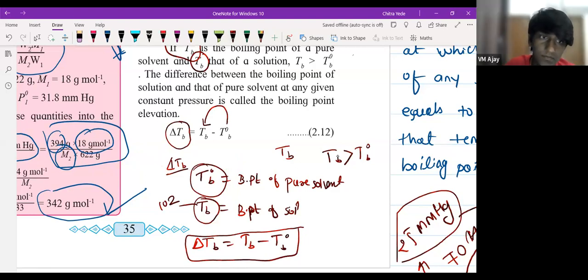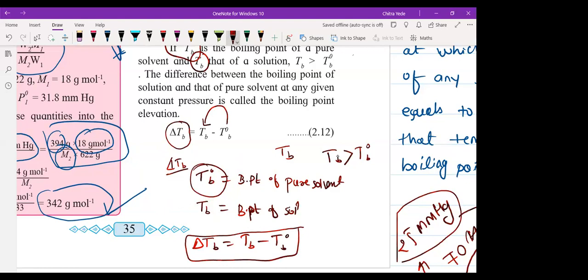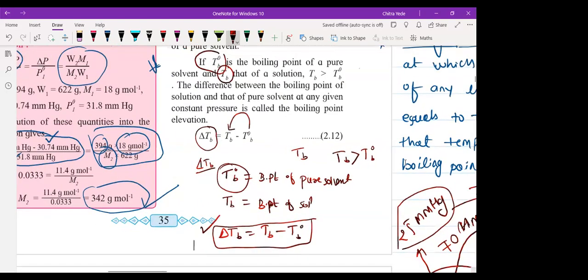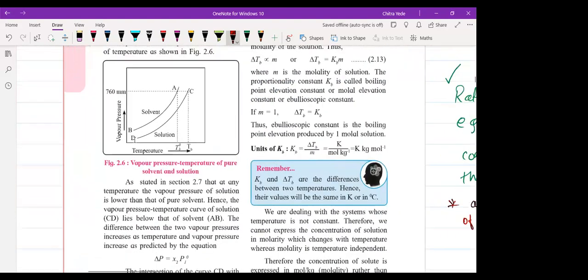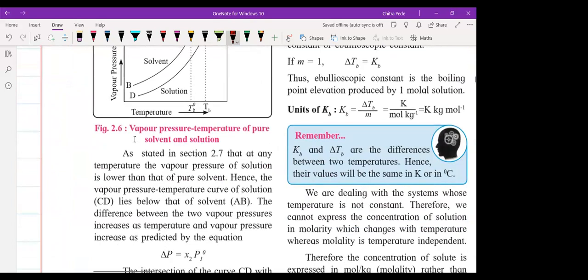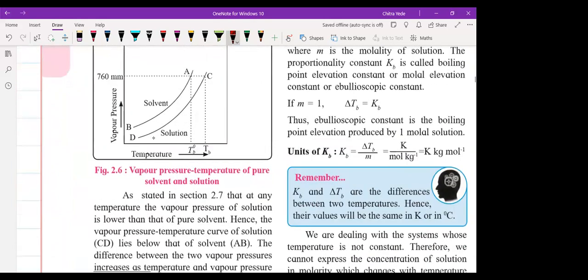Yes, sir. Okay. Now we have to calculate molar mass also, so for that we have to compare with the mole fraction. Here we have a graph for the same, with boiling point and vapor pressure. First here we have the pure solvent, whose vapor pressure was higher, so it boils at that particular temperature.